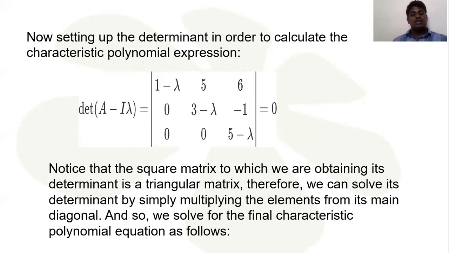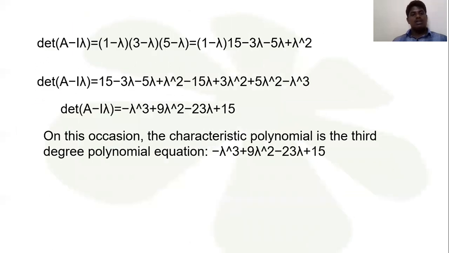The determinant is of a triangular matrix, so we can solve it by simply multiplying the elements from its main diagonal. The determinant of A minus lambda I equals 1 minus lambda times 3 minus lambda times 5 minus lambda, which equals 1 minus lambda times 15 minus 3 lambda minus 5 lambda plus lambda square.